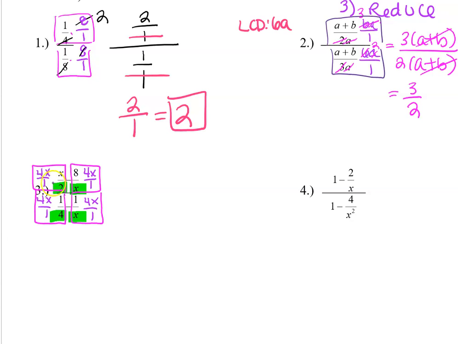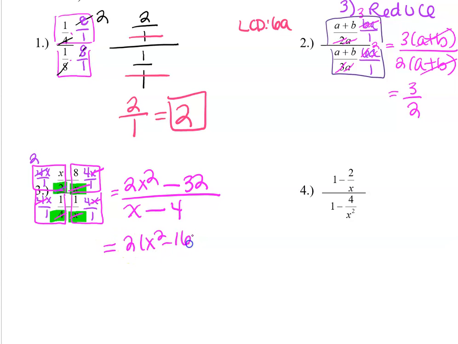In the top left box, I can cancel the 2 with the 4 to get a 2. Nothing else will cancel there, so this leaves me with 2x times x, which is 2x squared. Minus, because that's this operator. The x's cancel in the next box, so 8 times 8 is 32. All over. Bottom left, the 4's cancel. X times 1 is x. Minus, x's cancel, 4.